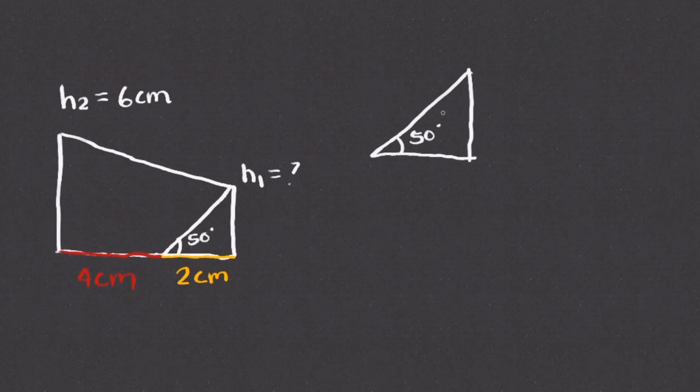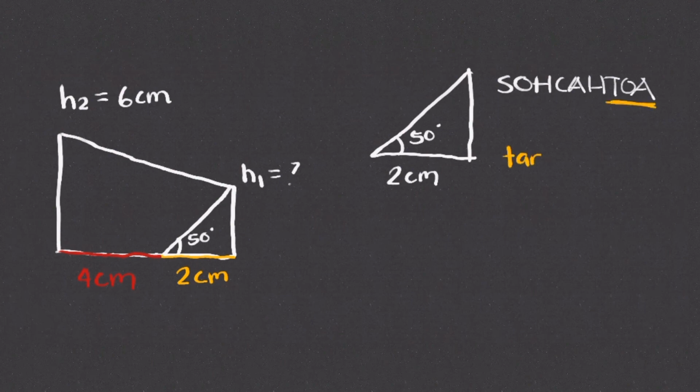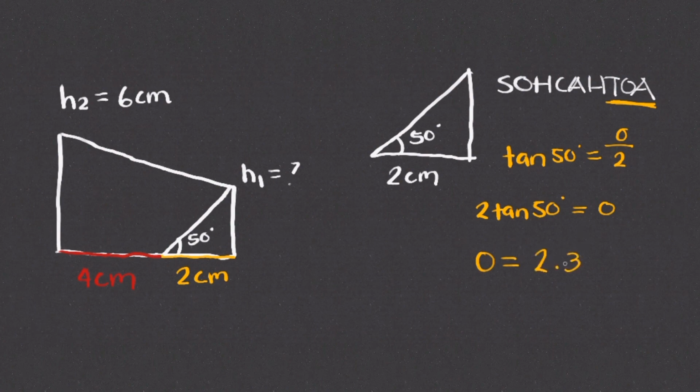Let us isolate the triangle that has an adjacent of 2 centimeters. So since we're finding the opposite, and we have a given adjacent, we're gonna use the TOA, in which tangent theta, which is 50 degrees, is equal to opposite over adjacent, which is the 2. So you cross multiply the 2 to the tangent, therefore 2 tangent 50 degrees is equal to O. Therefore, the opposite is equal to 2.38 centimeters.